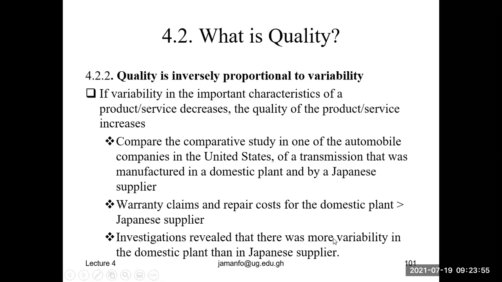Investigations revealed that there was more variability in the domestic plants. When variability increases, it raises quality issues. Customer complaints are likely to go up.